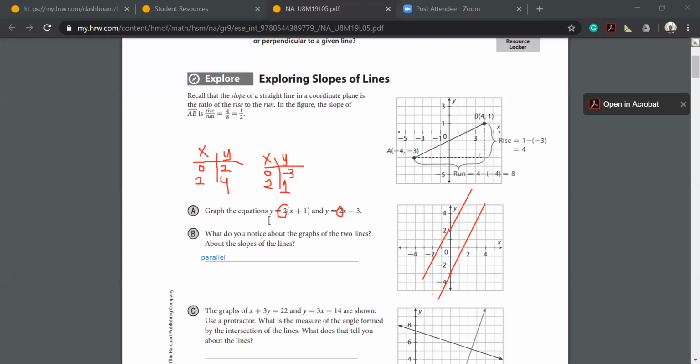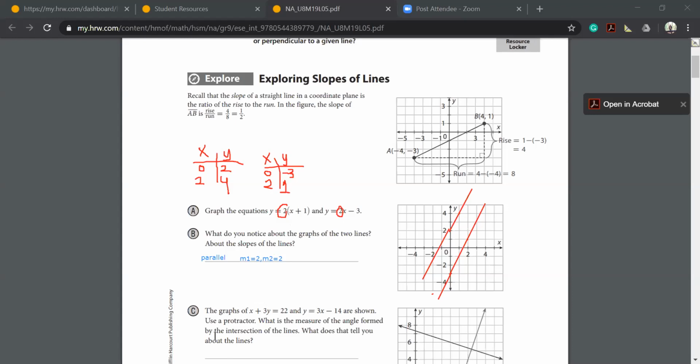So we discovered that they were parallel lines, and m1 equals 2 and m2 equals 2, which means that they have the same slope. So from here, we can say a very, very important note. Whenever you have parallel lines, the slopes are always equal.